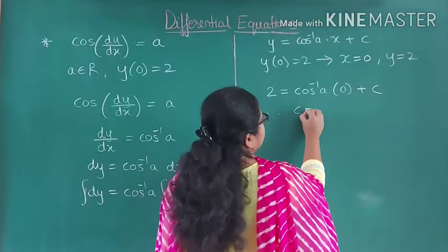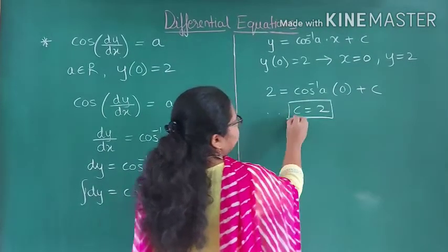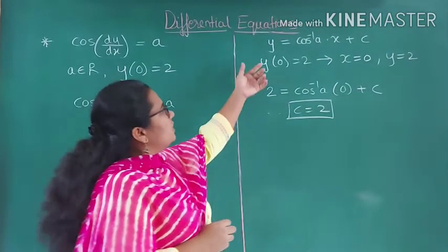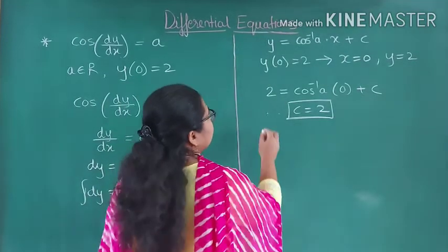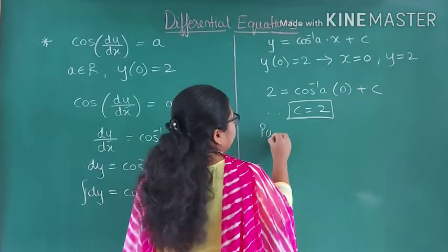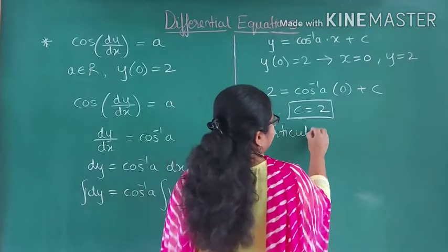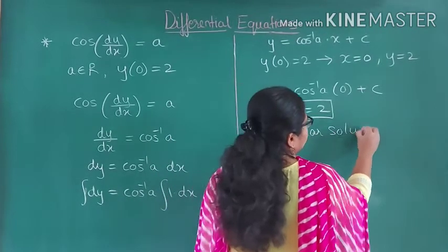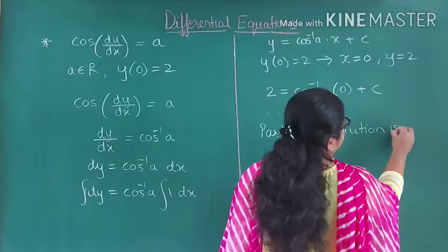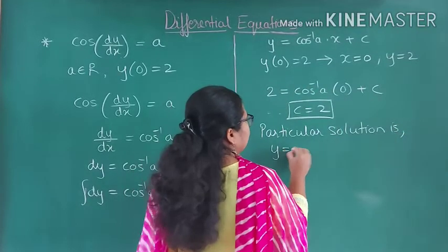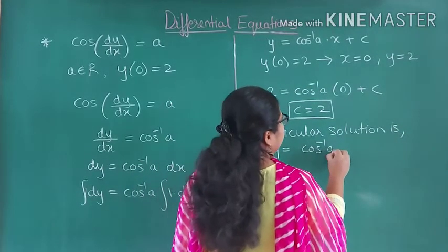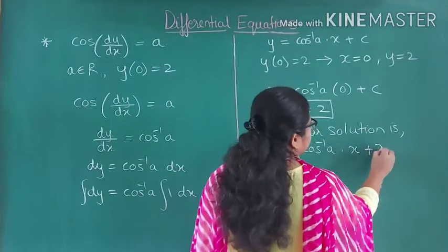Therefore, we get C is equal to 2. Yes. So what becomes your particular solution? So we will substitute here. So particular solution is y equal to cos inverse a into x plus 2.